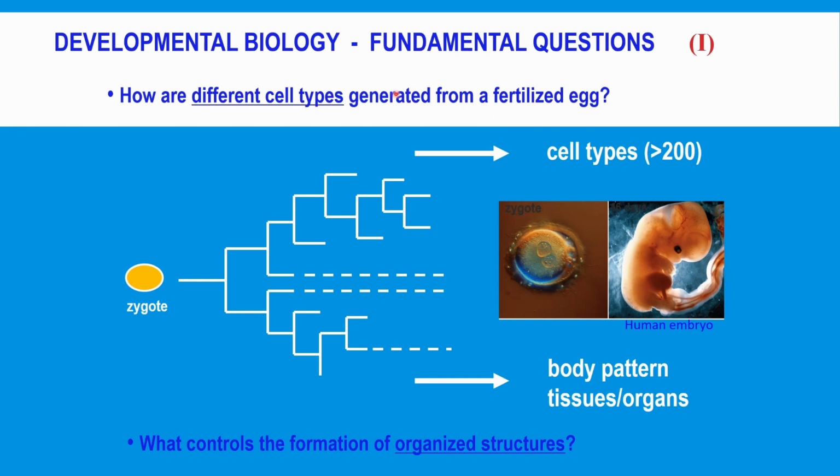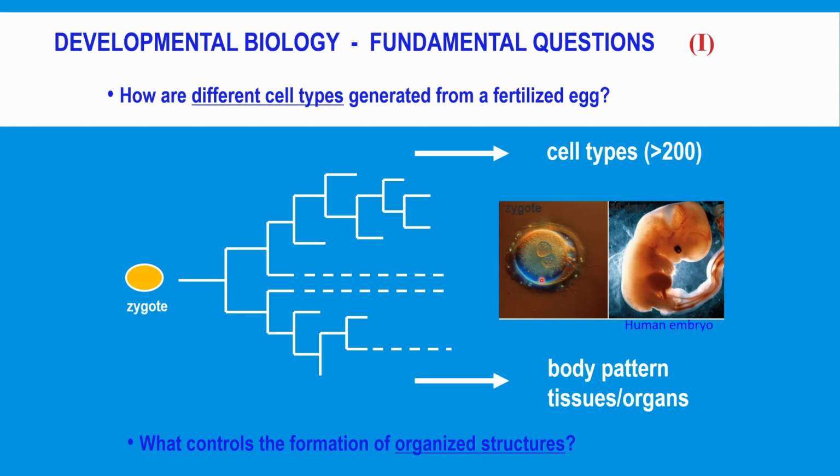So some of these questions include how are different cell types generated from a fertilized egg? So we know that when the egg is fertilized, it's a single cell, and yet it gives rise to complex form of a human embryo and eventually an adult. And this adult will be composed of more than 200 cell types. So what process is important here?